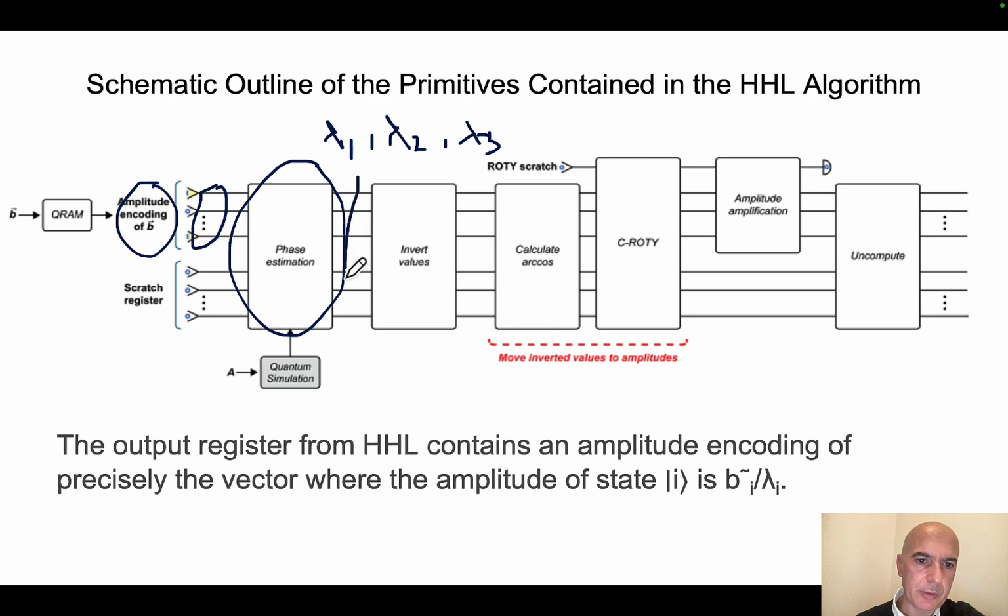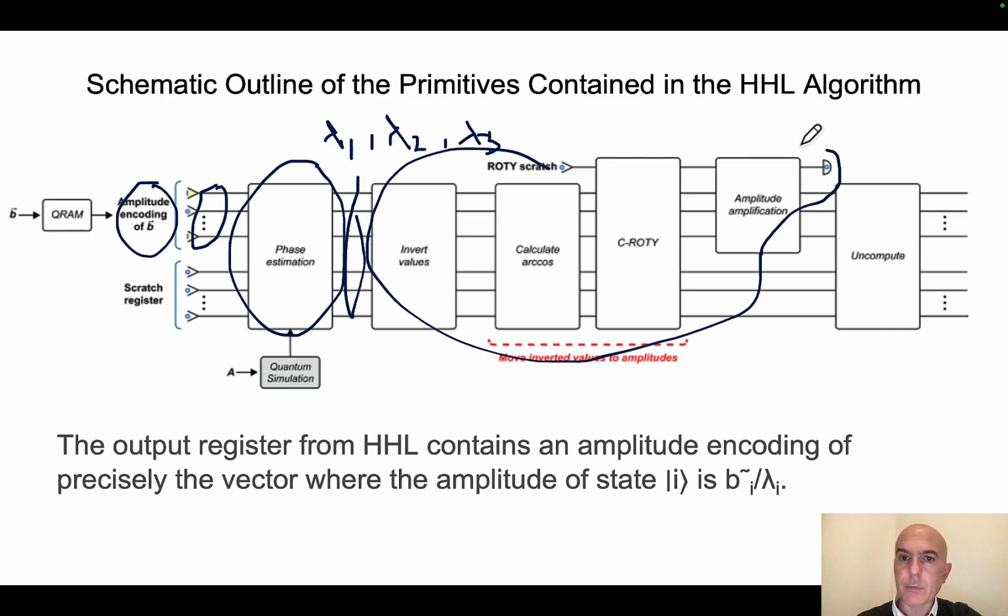After this, we're going to have the eigenvalues, and we need to do one operation. Remember that we want to invert. At this point, we know that lambda 1, lambda 2, and so forth are the elements on the diagonal. What we need to do is take the inverse and encode it in the amplitude of the quantum state that we are studying.